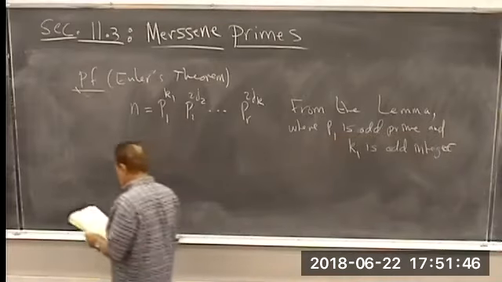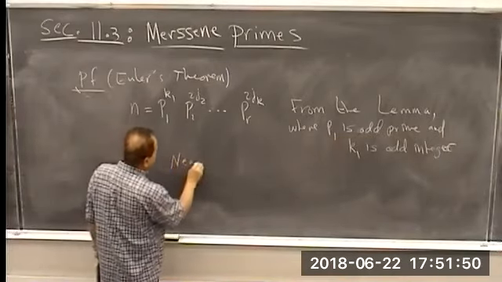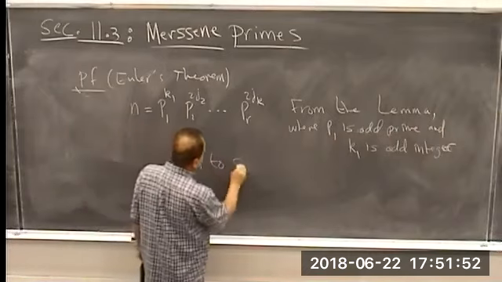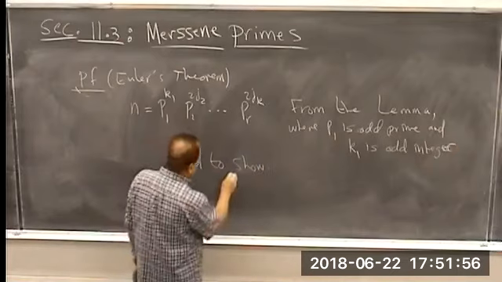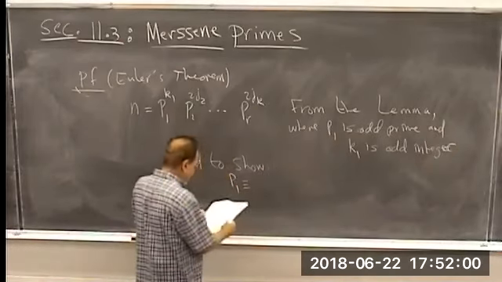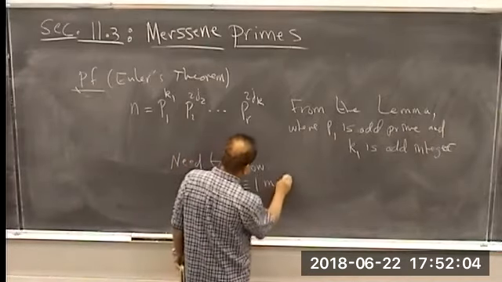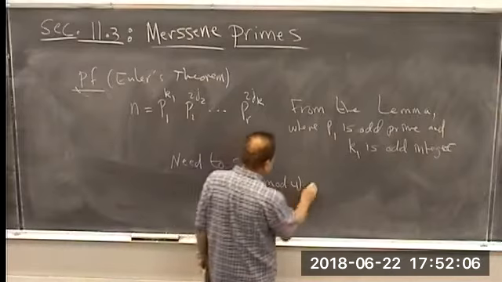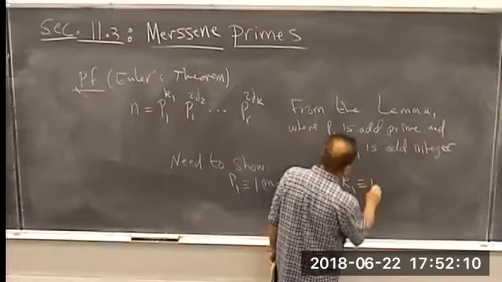We need to show two things: p_1 is congruent to 1 mod 4, and k_1 also is congruent to 1 mod 4.